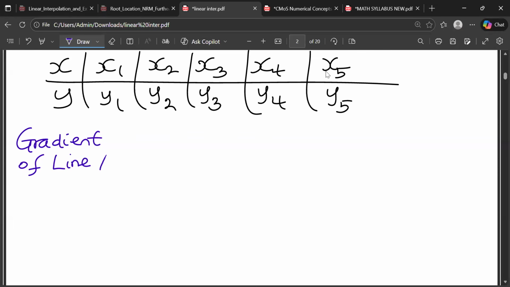Change in y values over. Okay, thank you for that try.